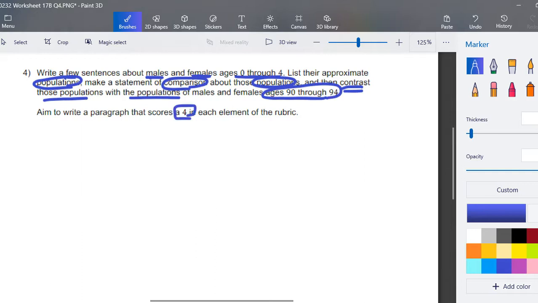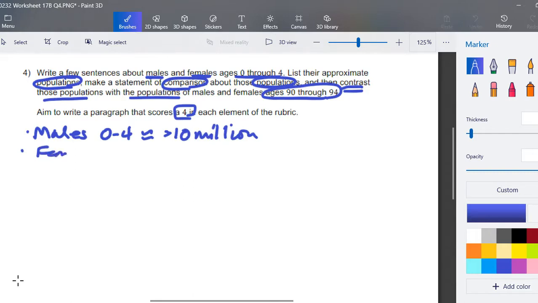So I'd like to go ahead and read the rubric 4s. Before I do, let's try to get a plan. Let's try to map out some information before we look at what we would want to write. We're going to write about males, ages 0 to 4, and when we look at their population, it looks like it's a little bit over 10 million.